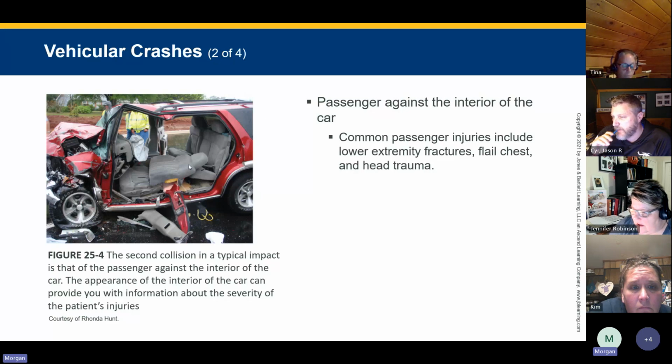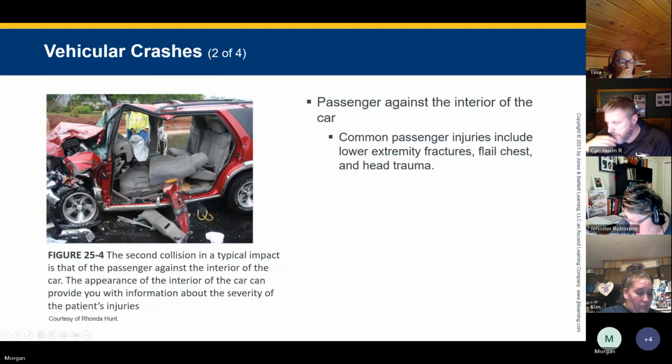It looks like there was front impact and side impact. This person probably got flown. They ripped the doors off, and you can see the middle post. So if they're wearing a seatbelt, there are probably a lot of injuries: lower extremity injuries, thoracic injuries, brain injuries, head injuries. So this would have probably been flown out.